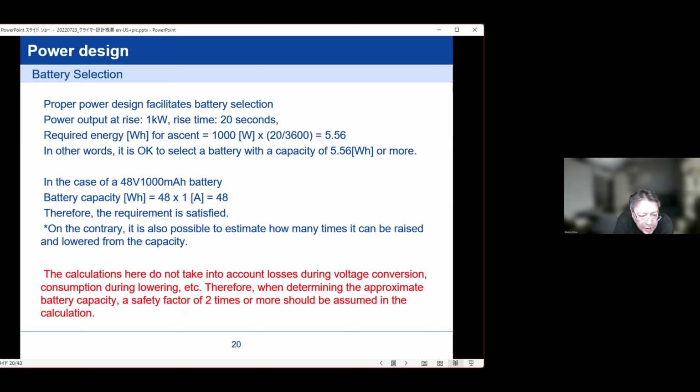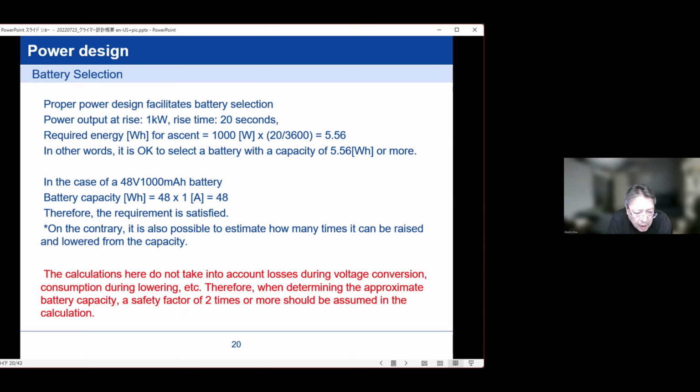Also, from the capacity, we can estimate how many times various actions, various ascents and descents, are possible. So when we conduct an experiment, we can figure out how many more attempts we can make. And if we keep a proper record of how many times we have performed the action from the time it is fully charged, we can get a rough idea of how many times we can do it.